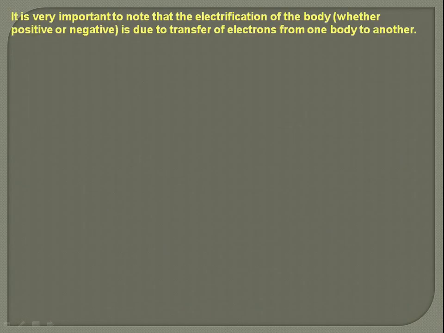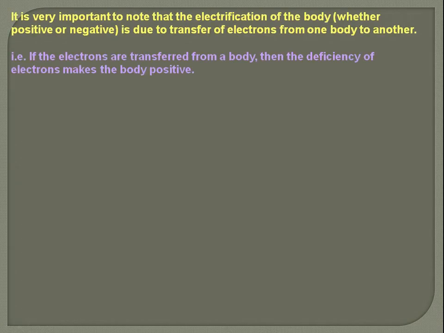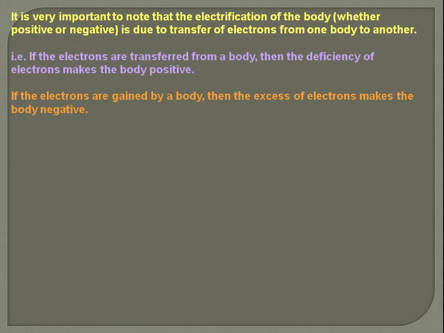Okay, so we have to remember some of the following points related to charge. Electrification of a body is due to transfer of charge. A body is said to be electrified only when charge is either received or given by the body.